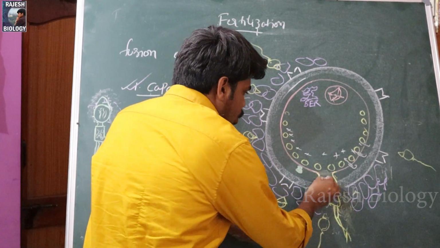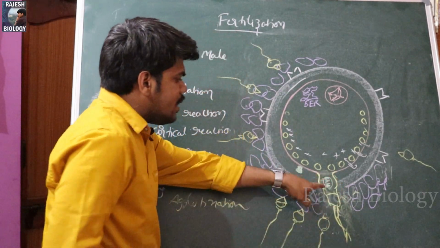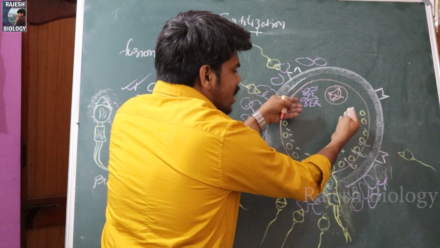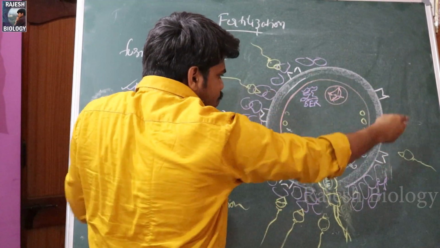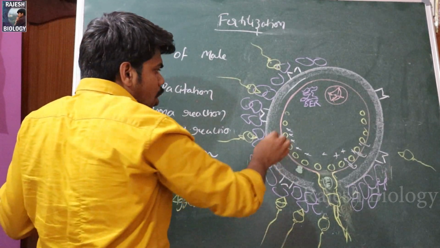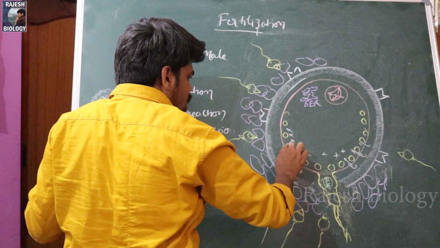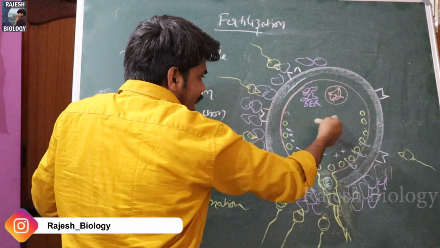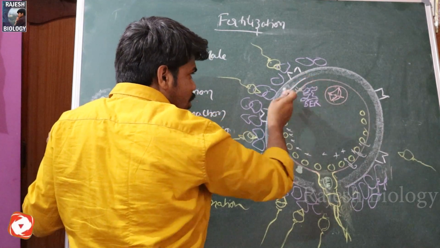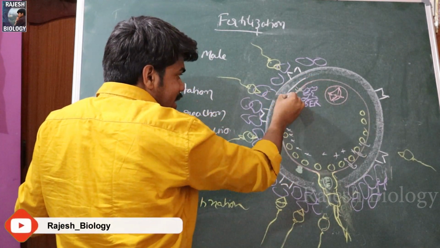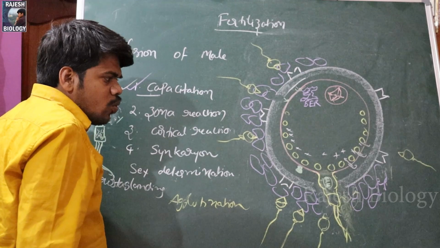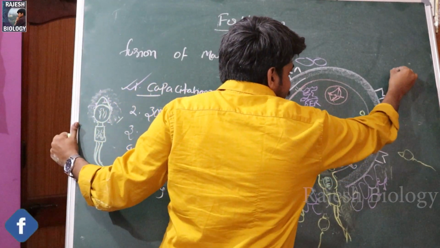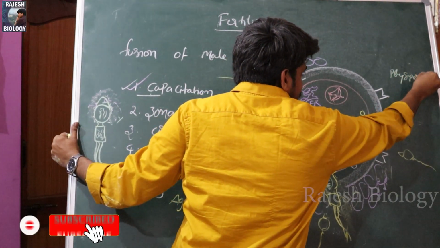Okay, in this it is the nucleus. So like this it fuses, and with this touch all the sodium enters and it blocks the remaining sperms. That means it becomes stronger, and the remaining sperms cannot enter. Even though they can digest the zona pellucida, they cannot enter. That means it prevents polyspermy. Poly means many, spermy means sperm cells.